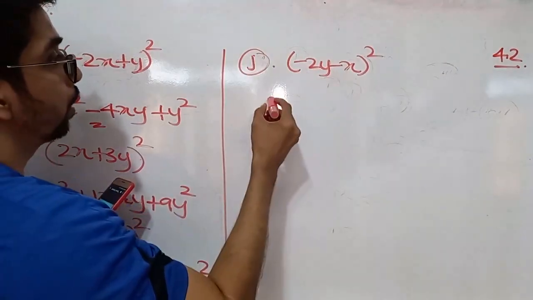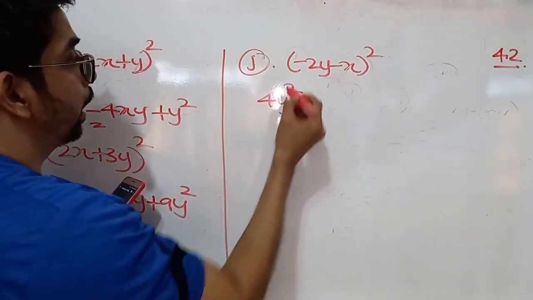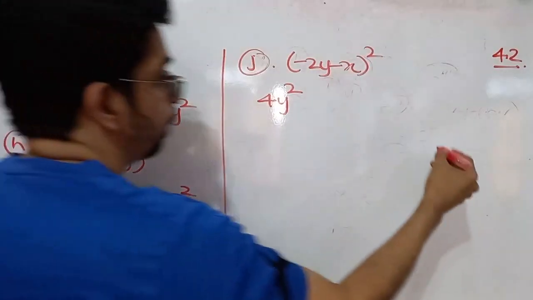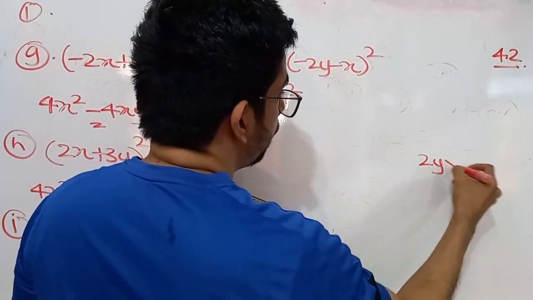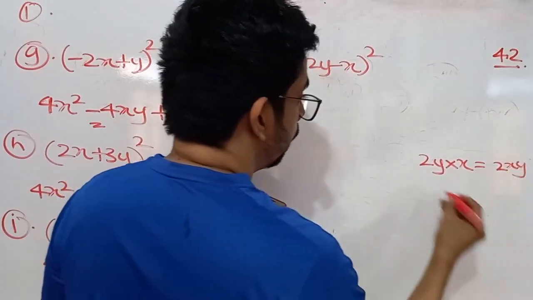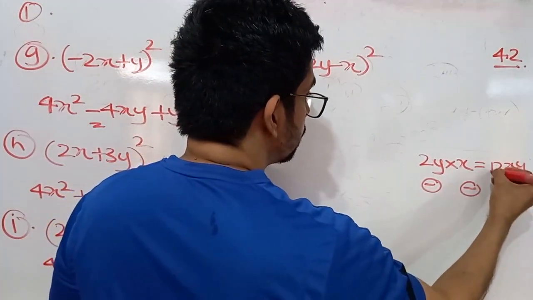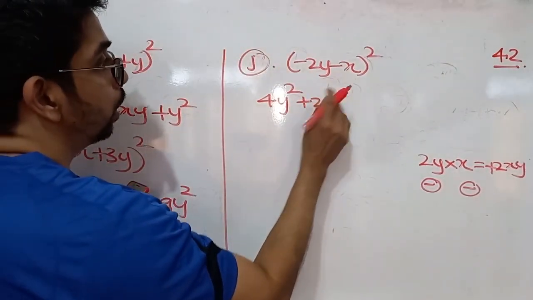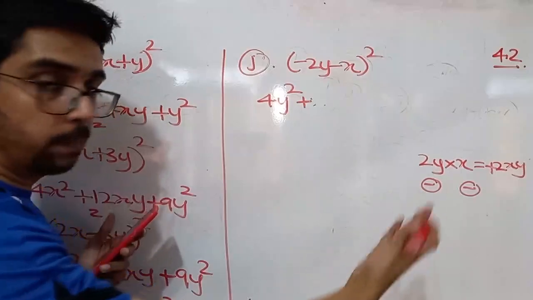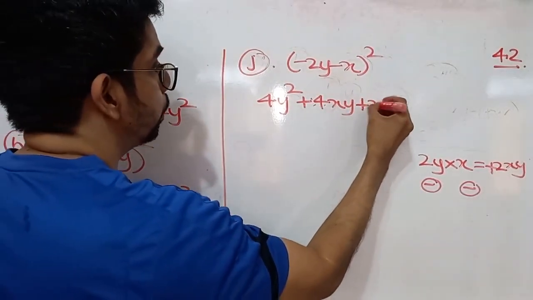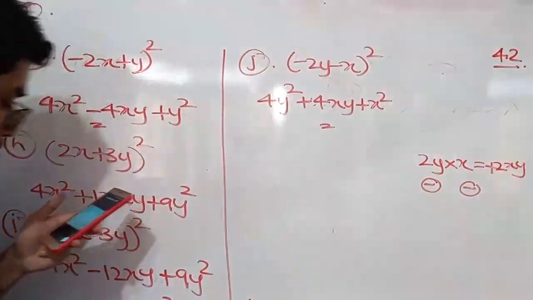So here we have what? 4y squared, that is positive. Then multiply these two. 2y into x. So we get what? 2xy. Now negative into negative, so this is positive. So this is what? Positive 2xy. Then again we have to multiply that by 2. So this becomes what? Positive 4xy. Positive x squared. So that's the answer.